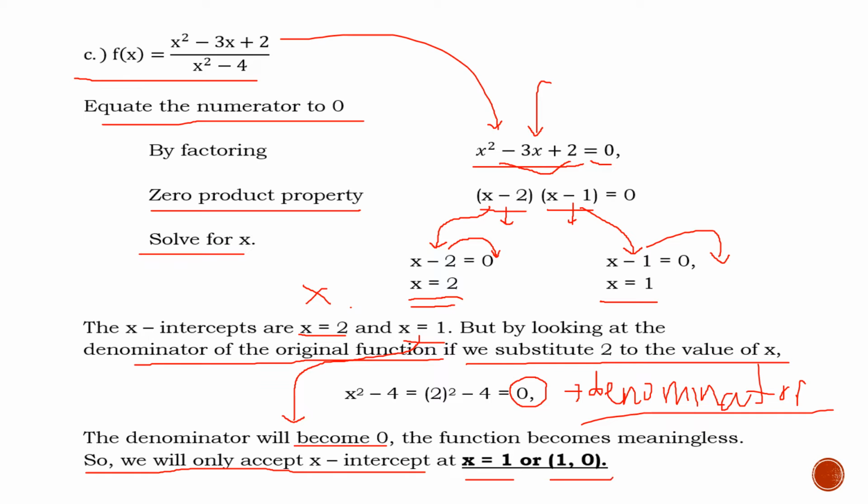Because between positive 2 and positive 1, positive 1 gives a denominator that is not equal to 0. It can be less than 0 or more than 0. As long as it is not equal to 0, then it's fine. So we can consider that value as the x-intercept.